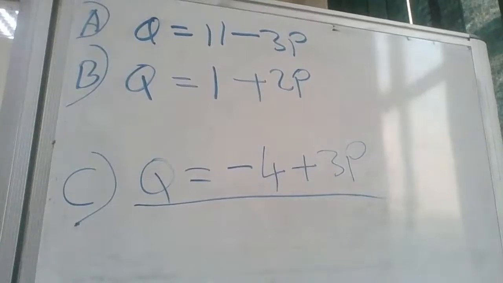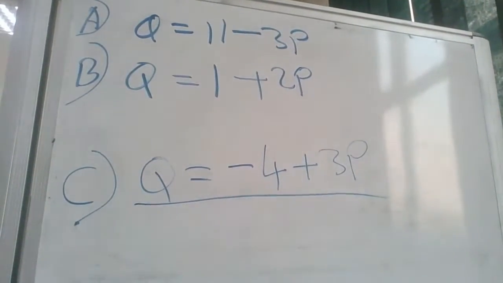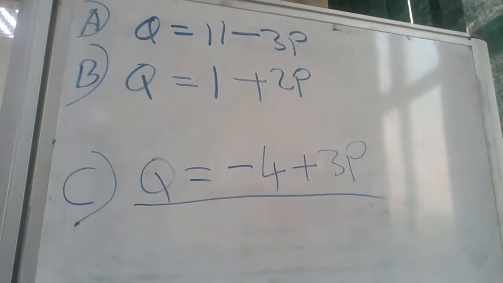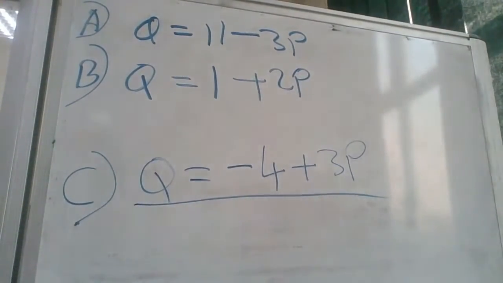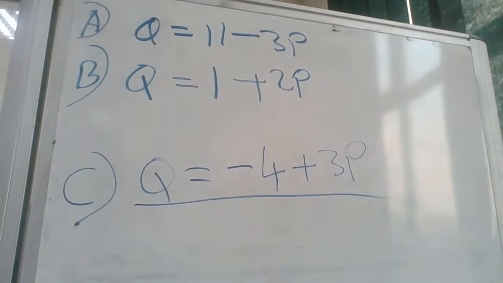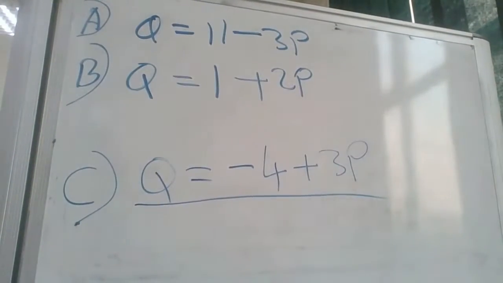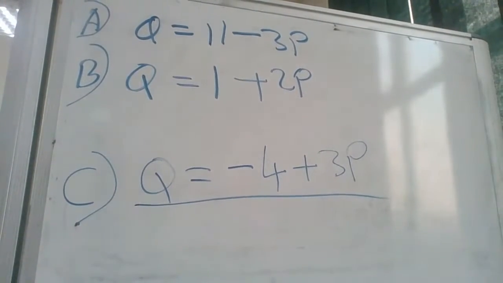Okay, let me go to those who said it's a demand function. Which part of this function led to your conclusion that it is a demand function? Please tell us which part of this equation convinced you that it's a demand function.